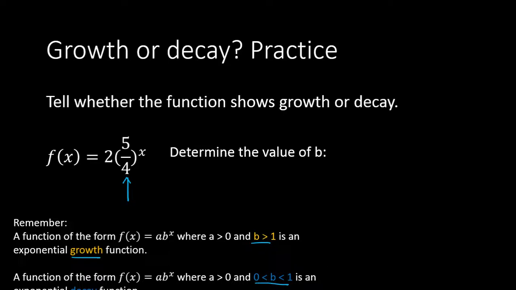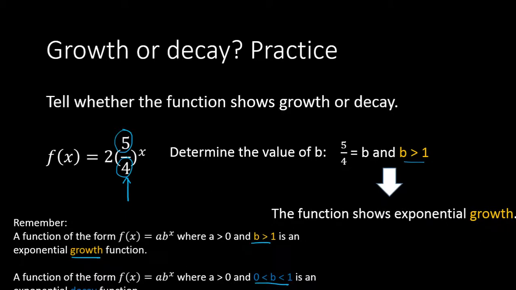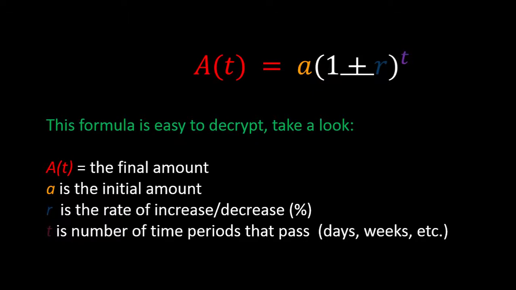Notice in this case, our numerator is greater than our denominator, which means that the value of this fraction is actually greater than 1. So b is greater than 1, which means we have exponential growth. So it's pretty easy to determine whether our function shows growth or decay if we can identify b. Now on to the tricky part of this lesson.